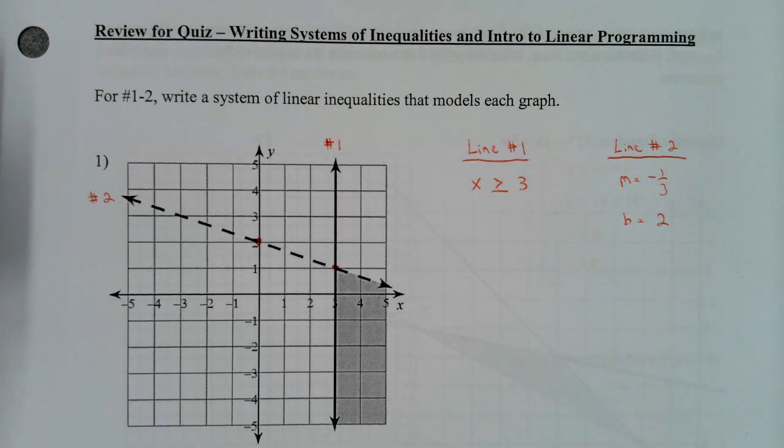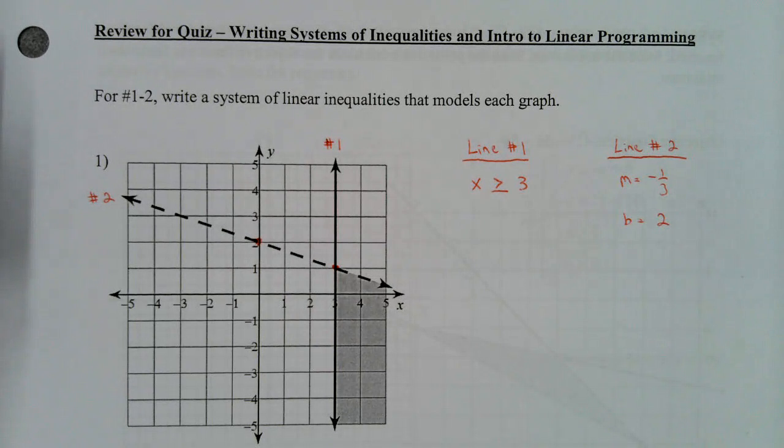So now we're going to have to pick a test point. Okay, you can test any point that's in the shaded region. Pick any point that's in the shaded region.